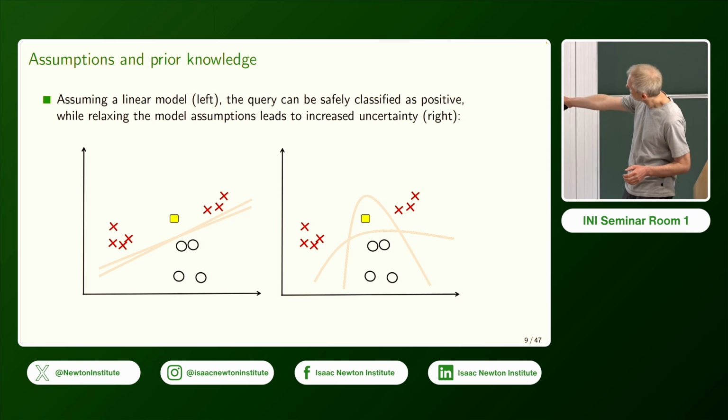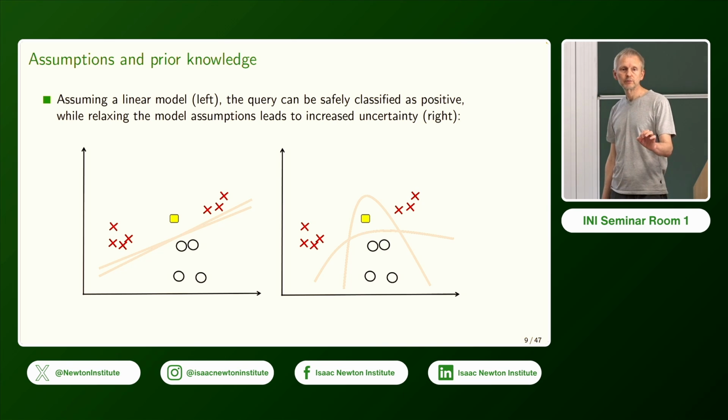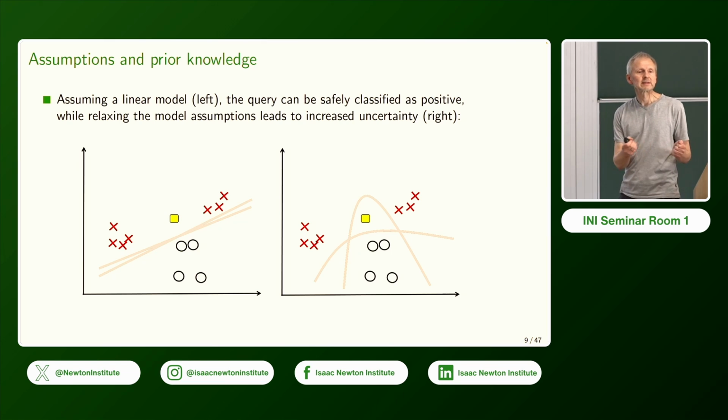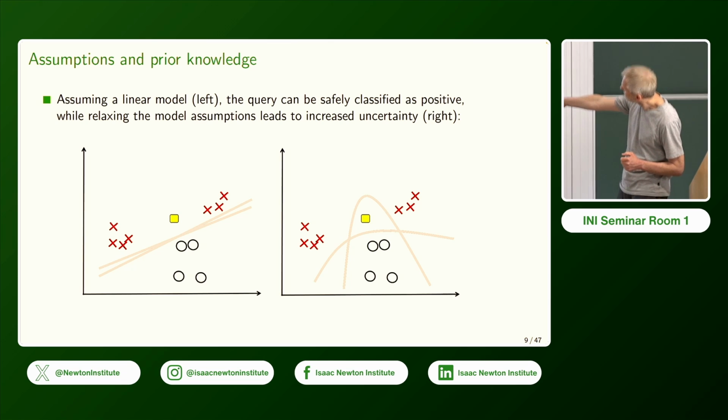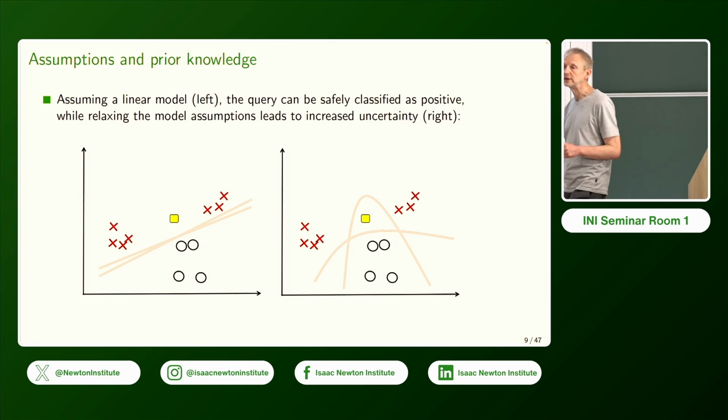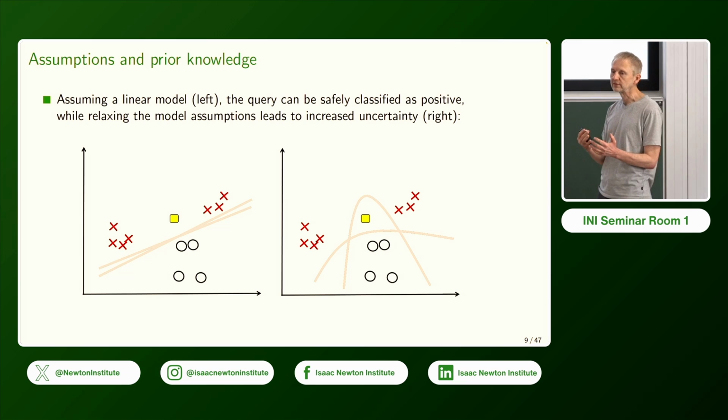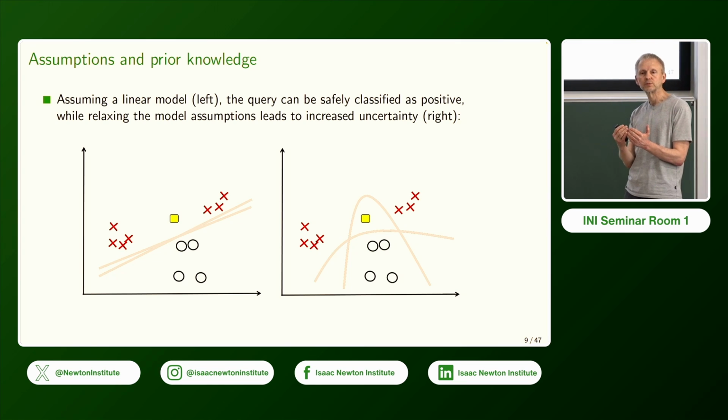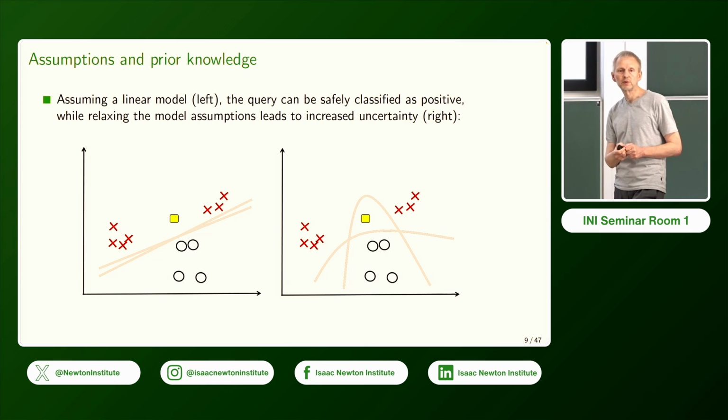So here in this situation with the little data, if you make a strong assumption, for example, you assume that the two classes can be well separated by a simple linear model, then this might be enough to be relatively certain that this is a positive point, simply because all the models that match more or less with the data will say this is a positive point.